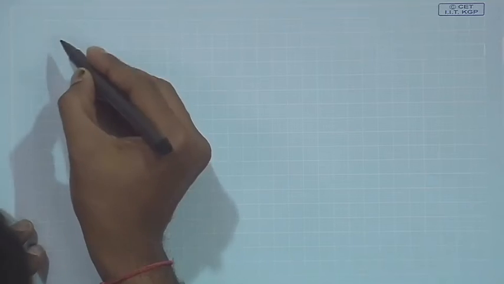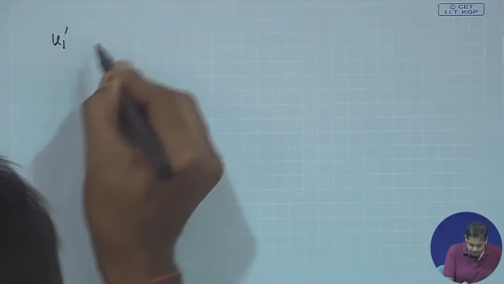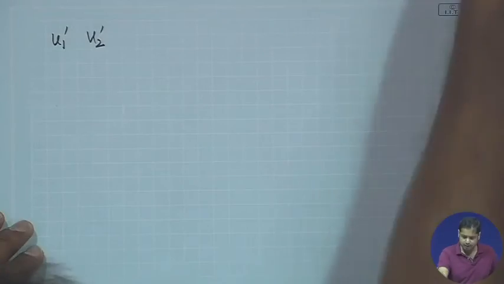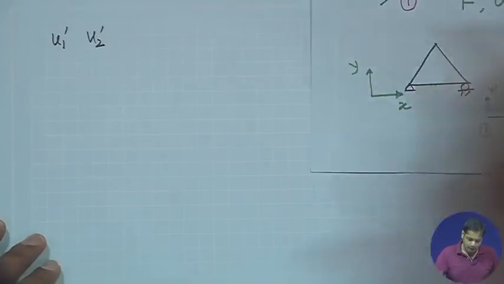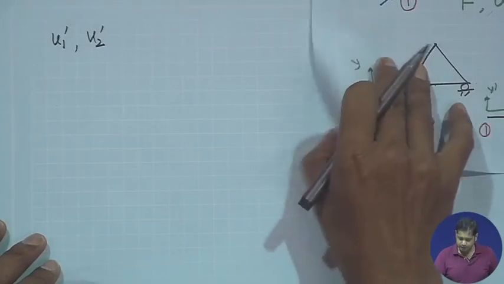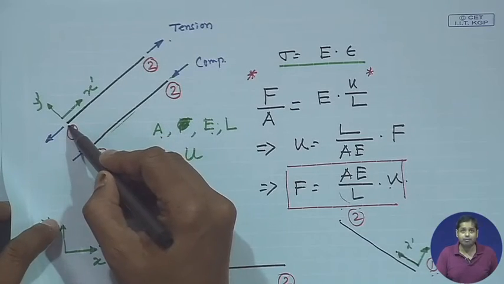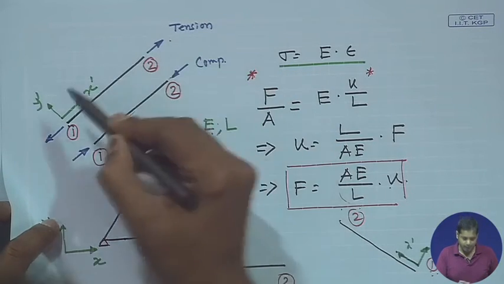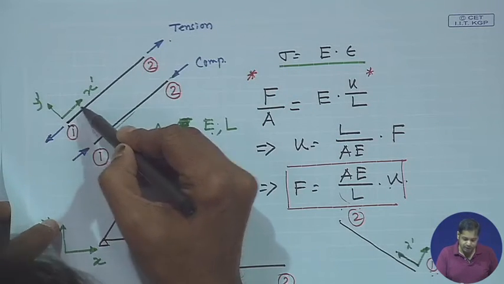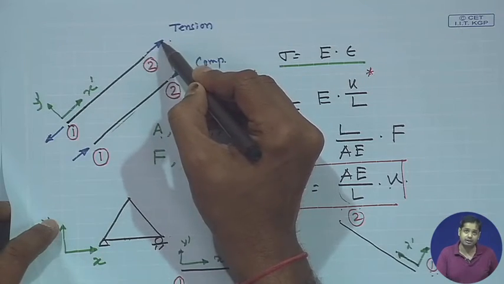Now let us find out quickly. Suppose you apply a force like this. Suppose U1 dash and U2 dash are the deformations at point number 1 and point number 2. U1 dash is the deformation in this direction and U2 dash is the deformation in this direction.